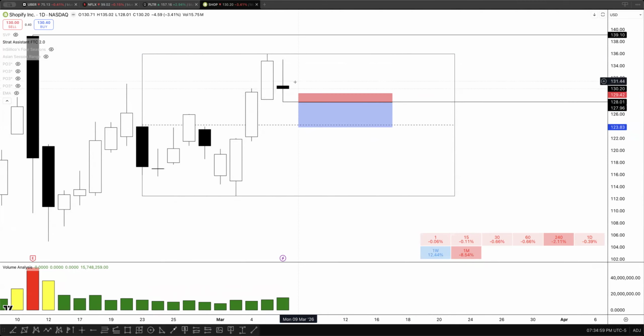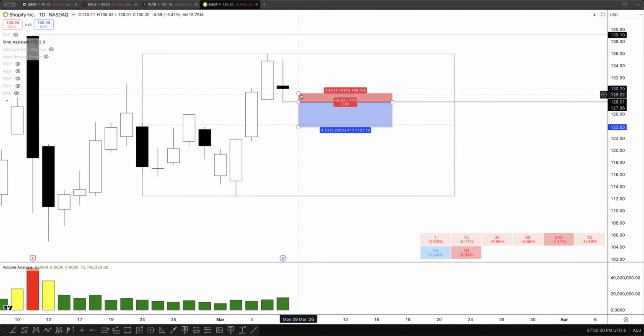So we know for a fact if it points to the downside and pierces under 128.01, then price should go to at least 124, because that is the 50% of that last week candle. Then if we break under 124, the low of that is 112.